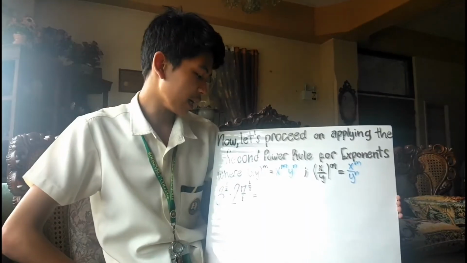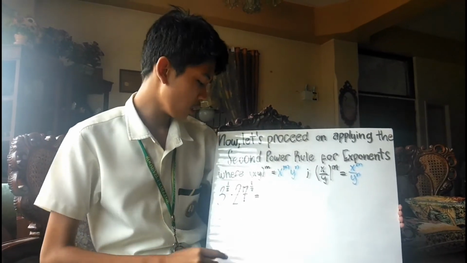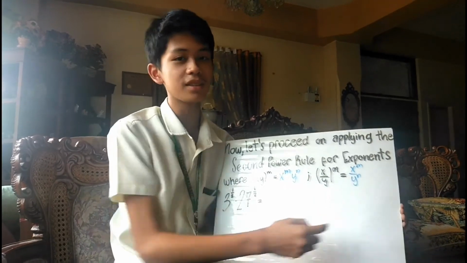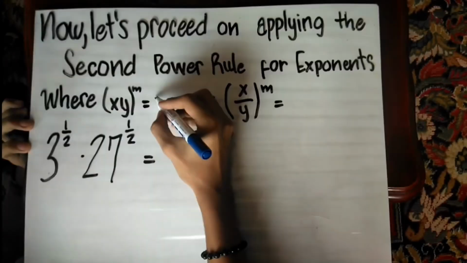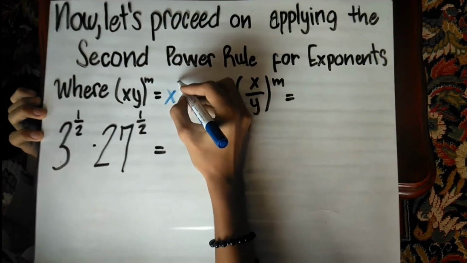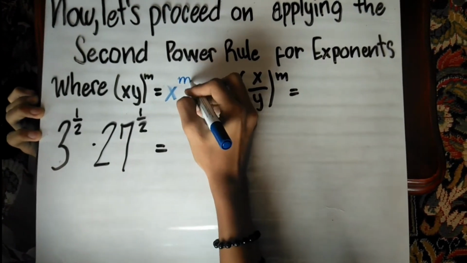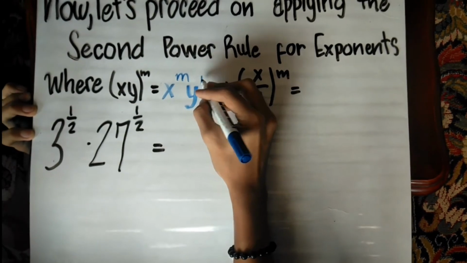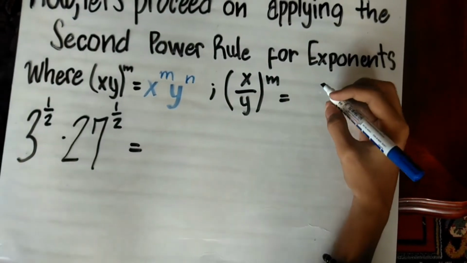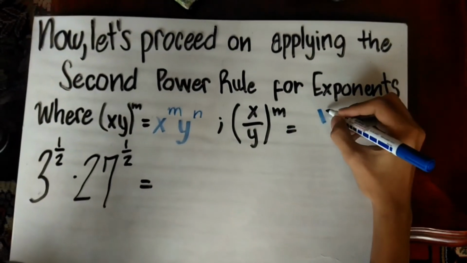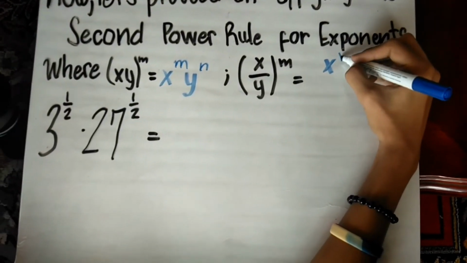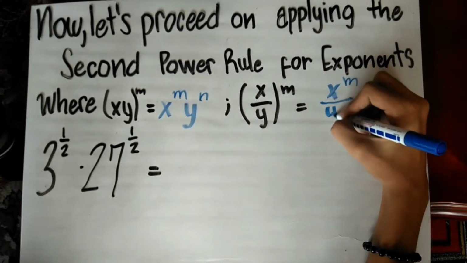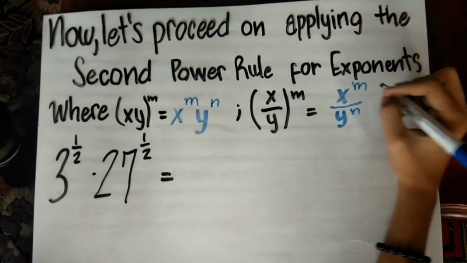Now let's proceed to applying the second power rule for exponents, where x times y raised to m is also equal to any of these examples. The second power rule of exponents states that x times y raised to m is equal to x raised to m times y raised to m. And x over y raised to m is equal to x raised to m over y raised to m.